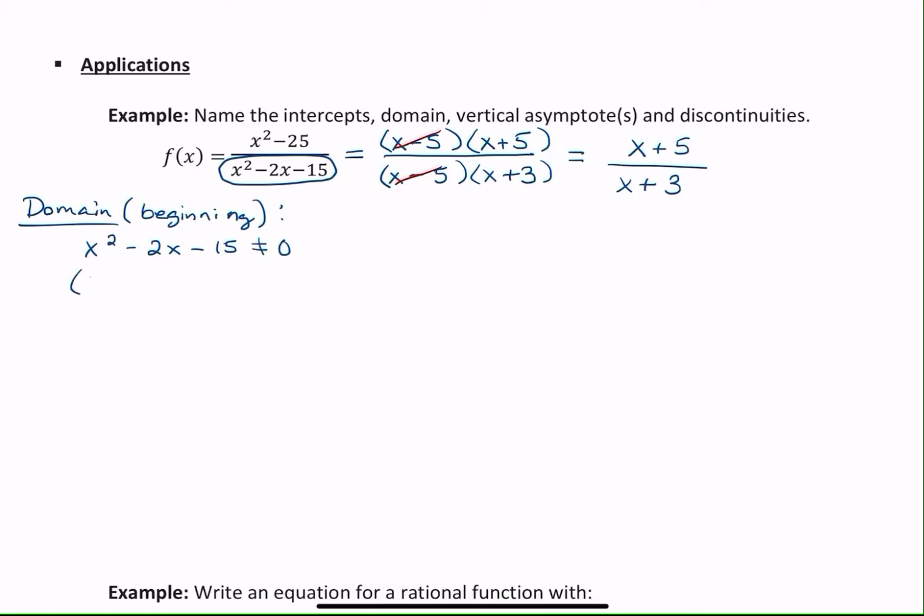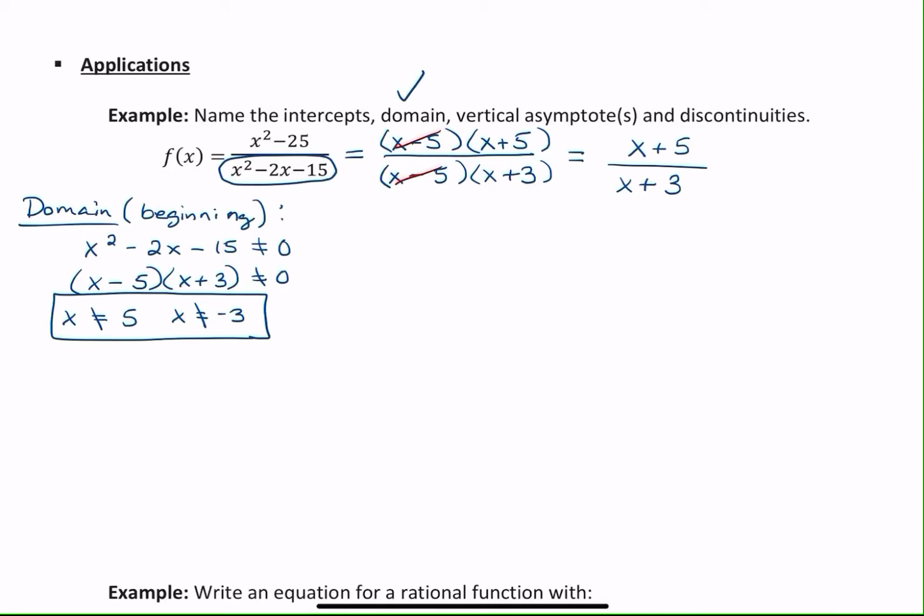And we've already factored that into x minus 5 and x plus 3. So what that tells us is x equals 5 and x equals negative 3 are problem spots. So it can't equal 5 and it can't equal negative 3. So that's our domain restrictions.